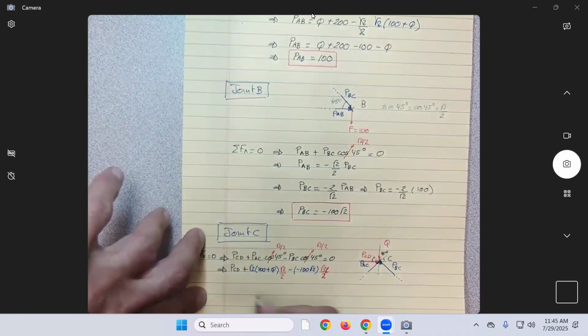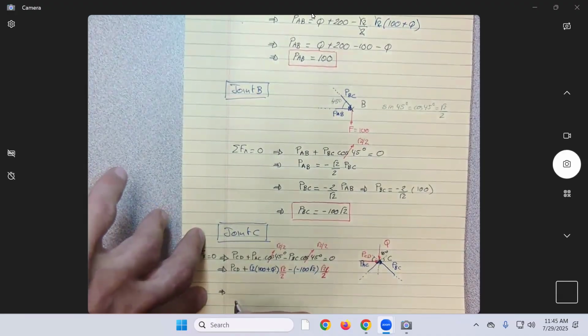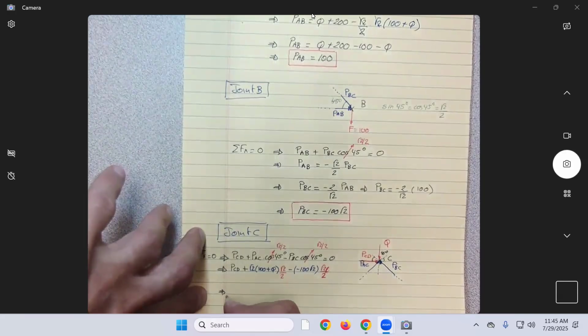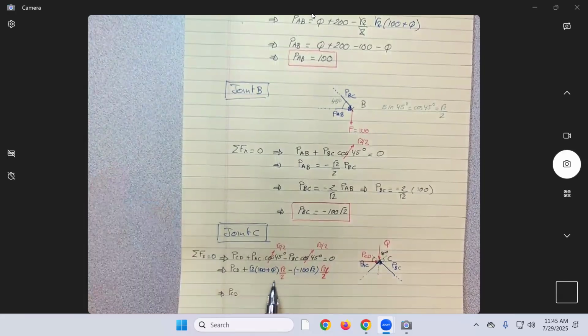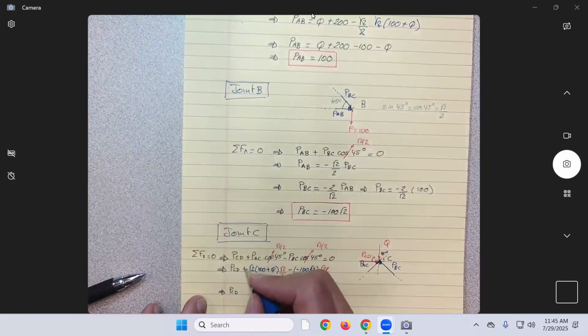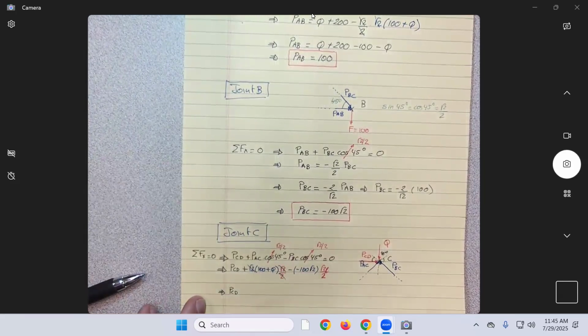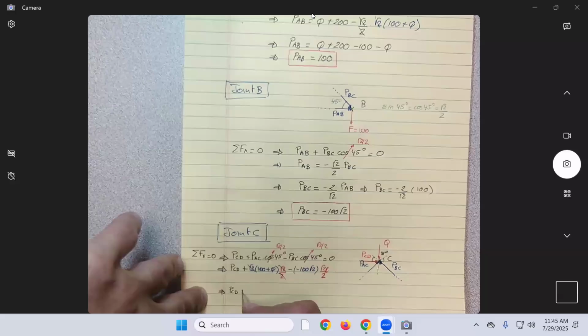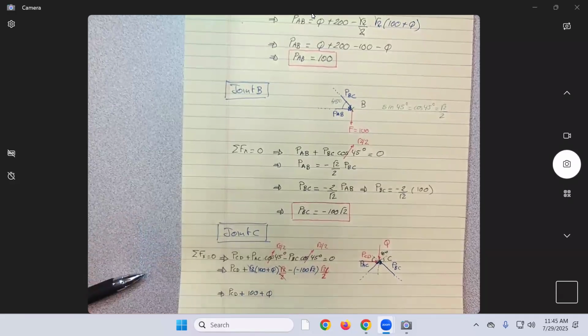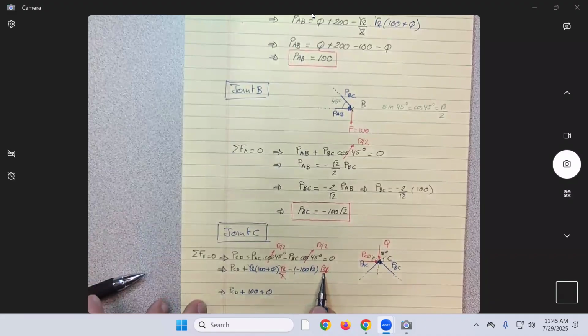All right, so here we're going to get PCD. So square root of 2 times square root of 2 will be 2. So this 2 will cancel. It will be PCD plus 100 plus Q. And this one, if I multiply both top and bottom by square root of 2, what do you get? 2 divided by 2 square root of 2.